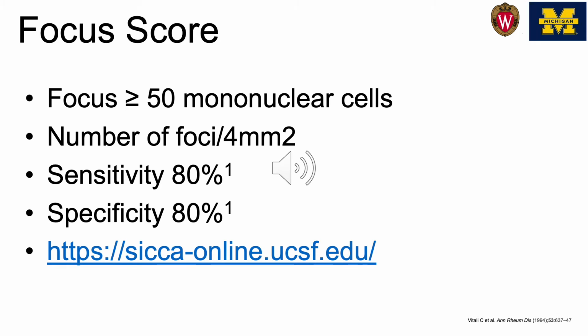The concept of focus score, that is the number of clusters of lymphocytes per 4 millimeter square gland, as an outcome measure, was first put forth by Greenspan at UCSF in '74. He was assisted by two youngsters, Norm Talal and Troy Daniels, each of whom would have quite a career in Sjögren's.